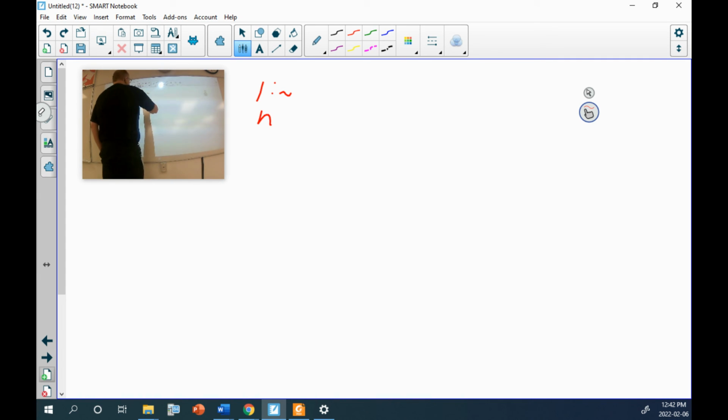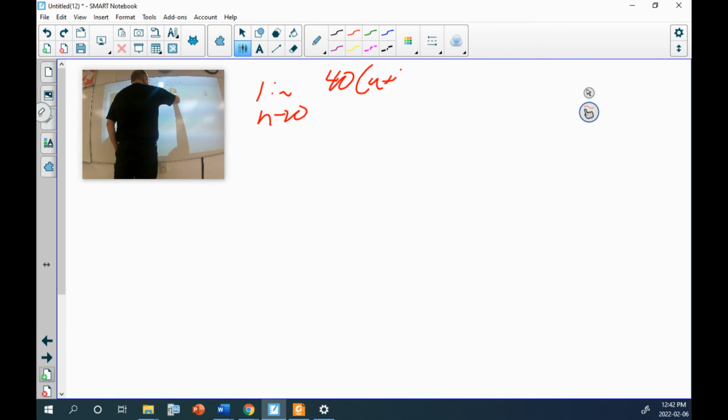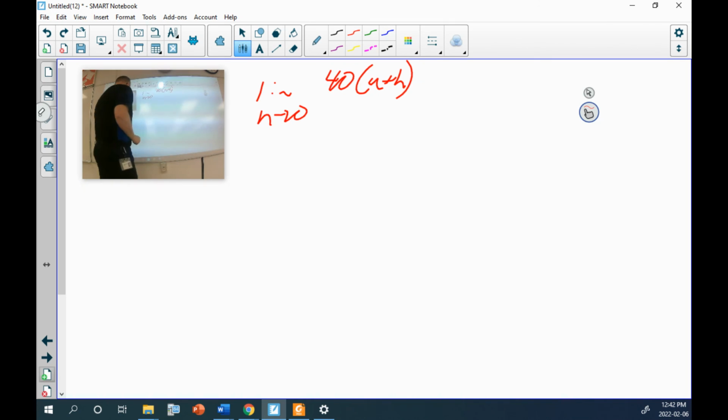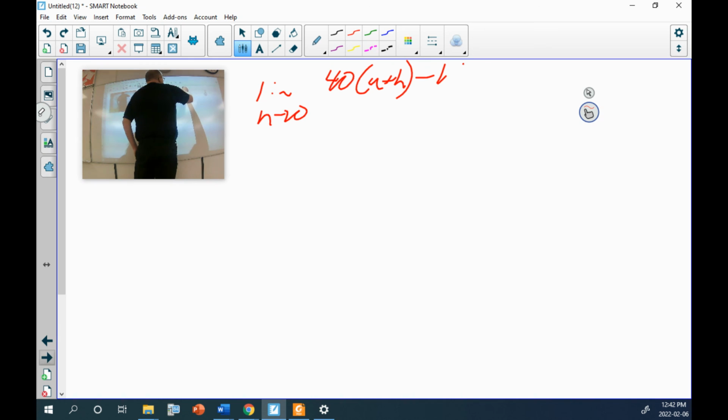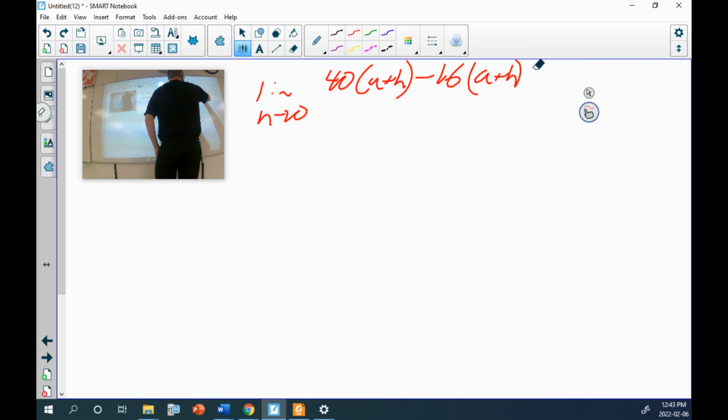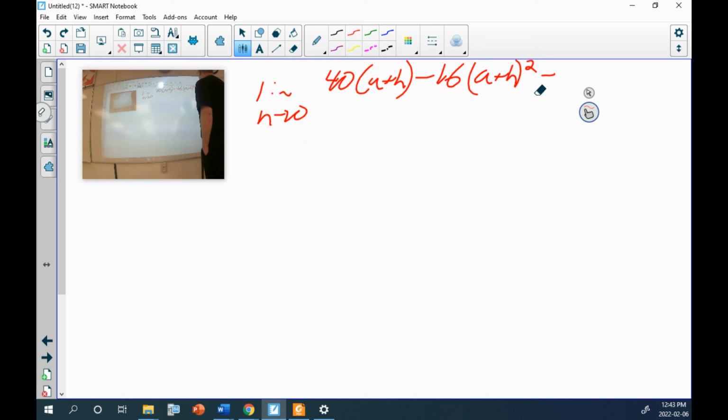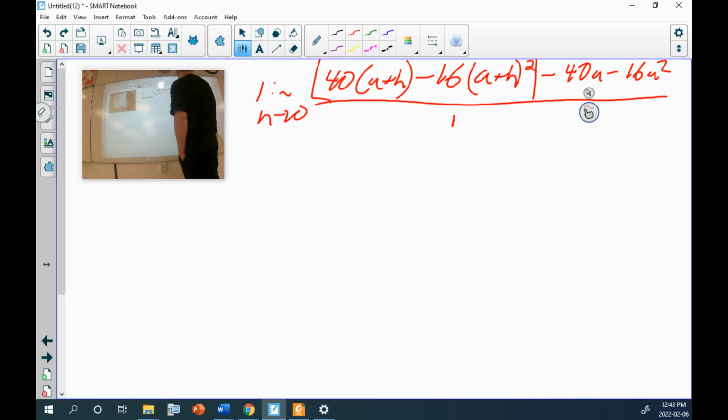Limit as h approaches 0 of 40 times a plus h, minus 16 times a plus h squared, minus, in brackets, 40a minus 16a squared, all over h.